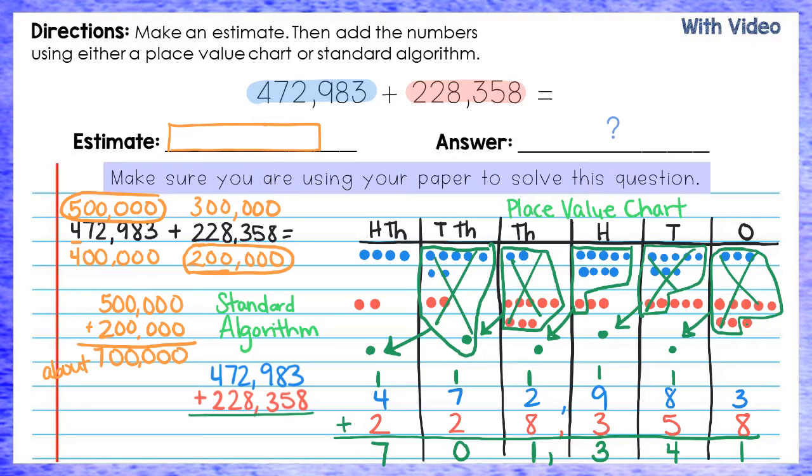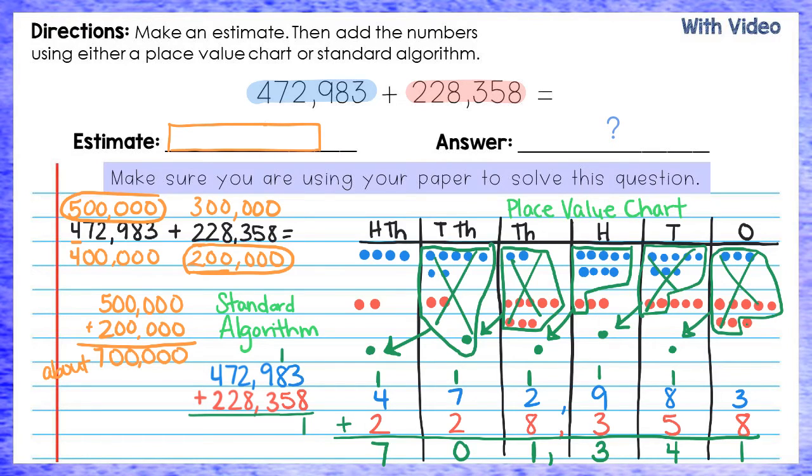Now we're adding these together. I'm going to start in the ones place. 3 plus 8 is, I like to start with my bigger number and count up: 3, 8, 9, 10, 11. So 1 stays in the ones place and 1 goes into the tens place.